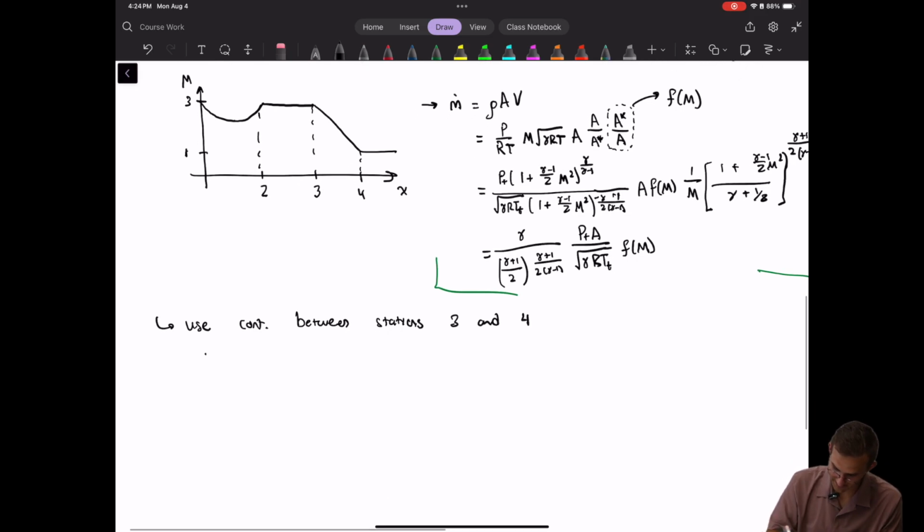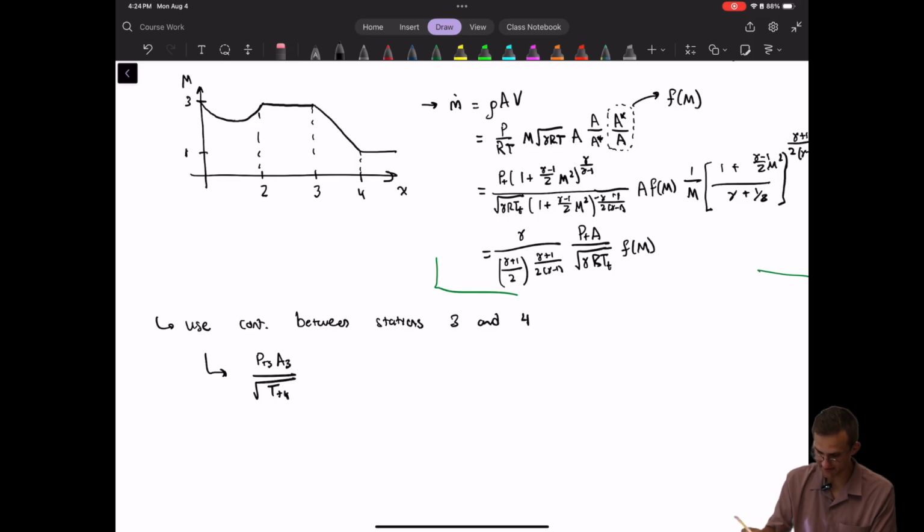And because that super complicated constant out front will cancel, you have P_T3, the area at 3, over the square root of T_T3, because gamma and R aren't changing, times f of M3, because we know the Mach number at station 3, is equal to P_T4 A4 over the square root of T_T4 times f of M4.